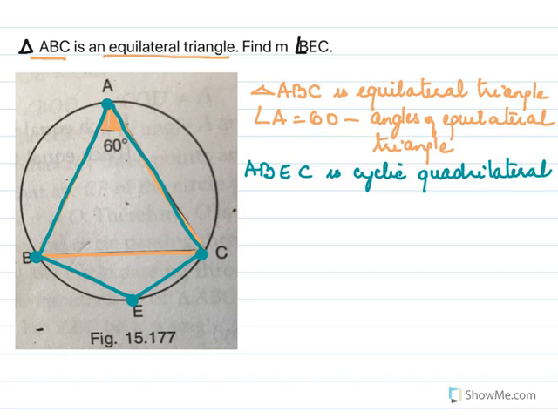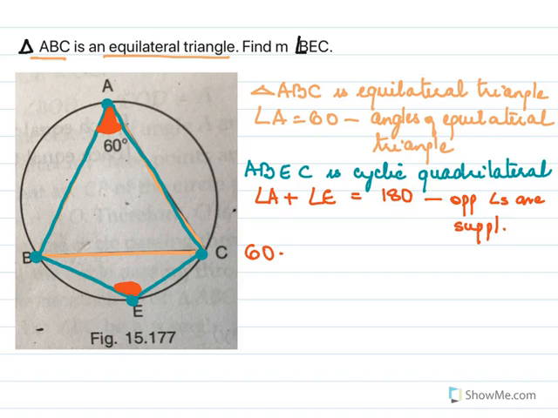And in a cyclic quadrilateral, we know the opposite angles are supplementary. Now, which are the opposite angles? We have angle A, and opposite to angle A will be angle E. So I can say angle A plus angle E equal to 180. That is the property that the opposite angles are supplementary.